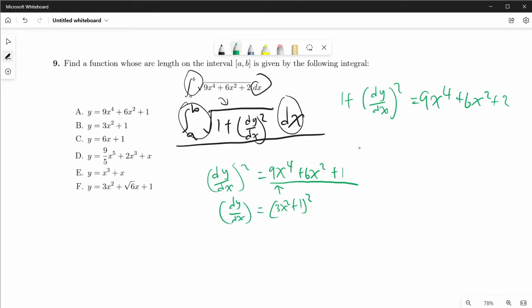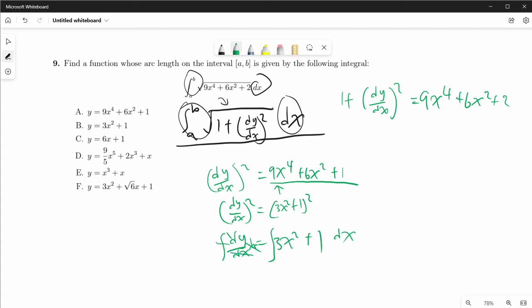So then we can just square root both sides and get rid of the square. We have dy/dx equal to 3x squared plus 1. Now we can just integrate both sides, right? For this part, the integration and the derivative cancel out, since we integrate over dx.